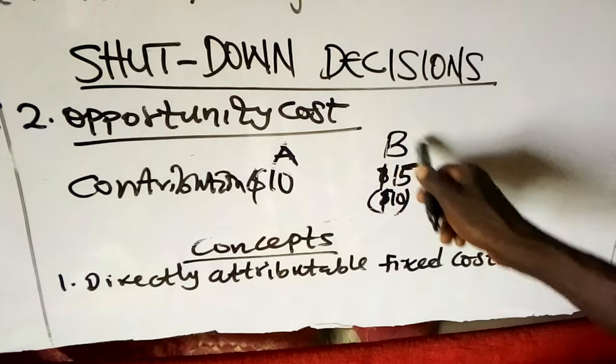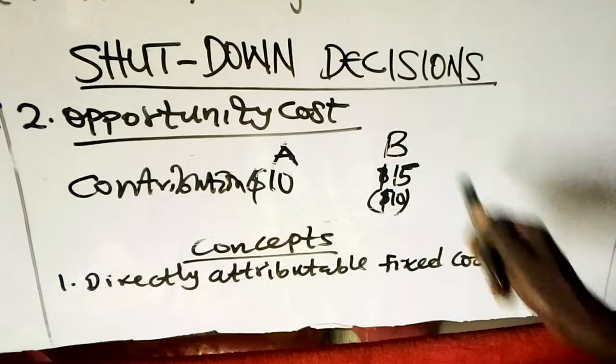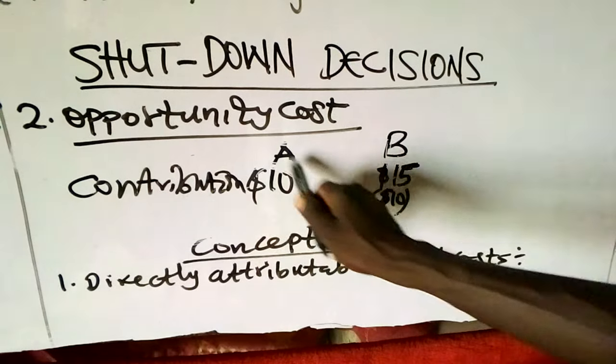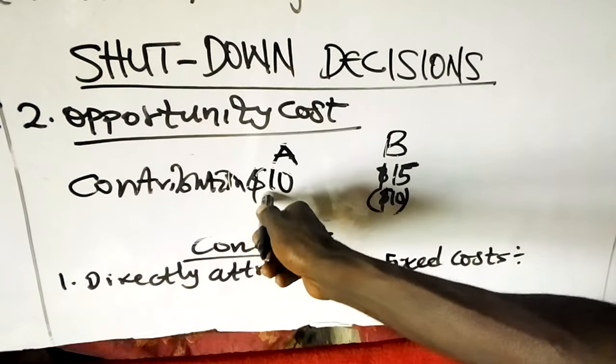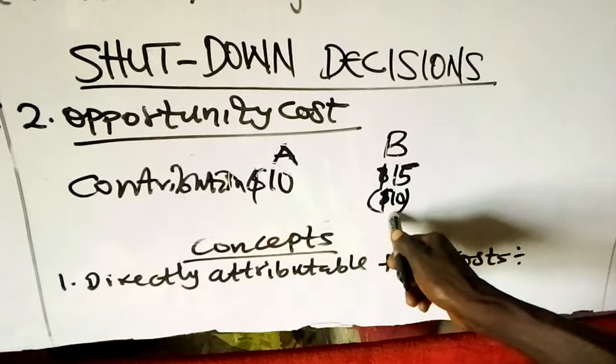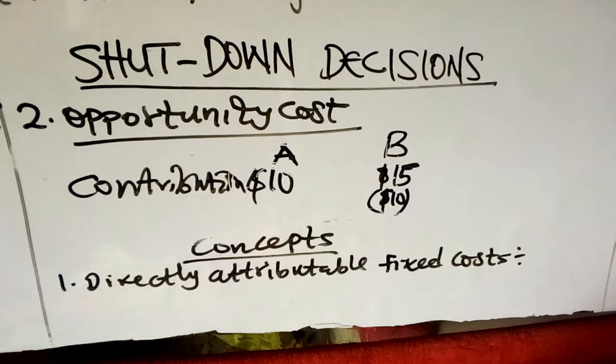But if you divert the resources from A to B, then this contribution will not be earned from A. So it will be treated as the opportunity cost of product or project B.